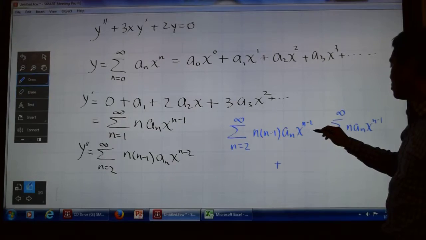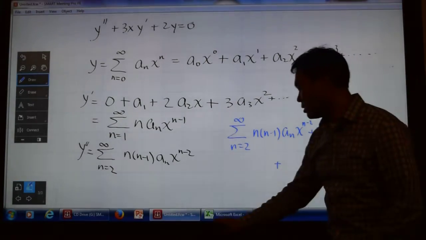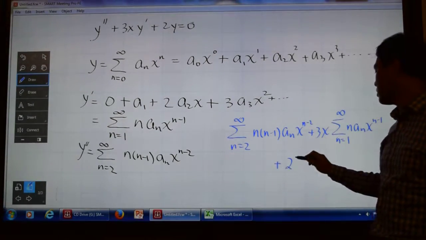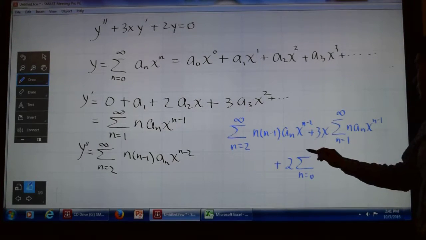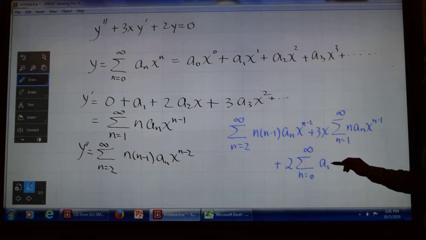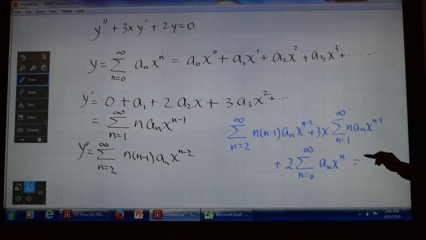It's not x, it's plus 3x, right? And plus 2 times sigma n equals 0 to infinity of an x to the n, equal to 0. So that's what you get once you plug these ansatz, these power series, into the left side.